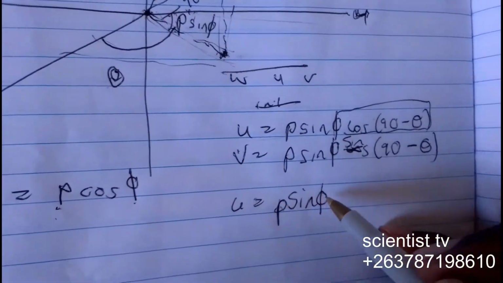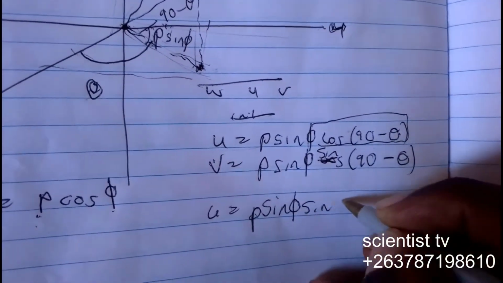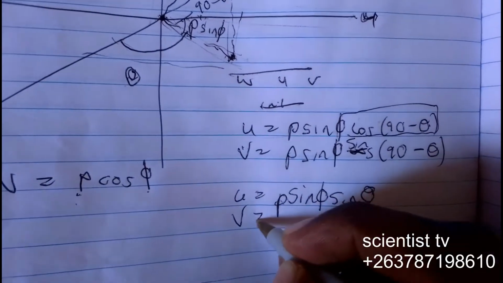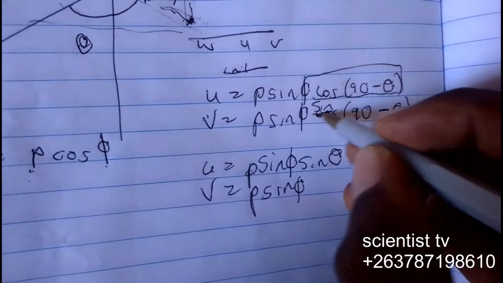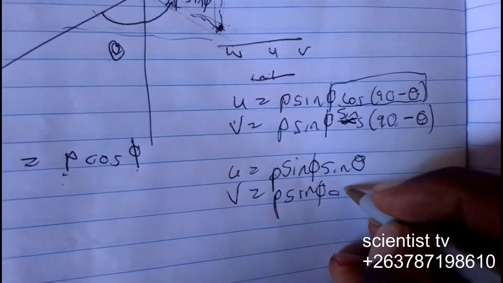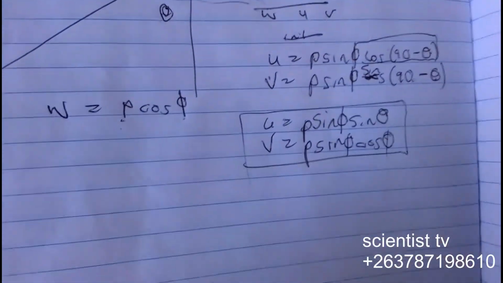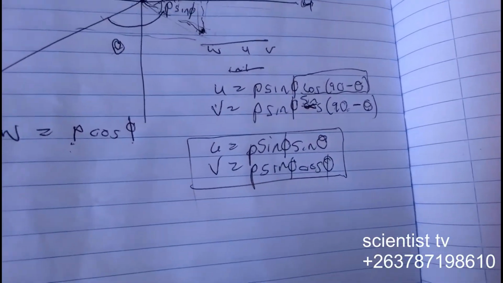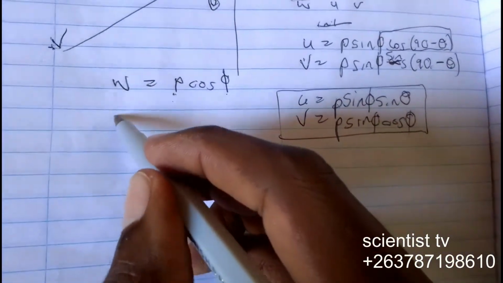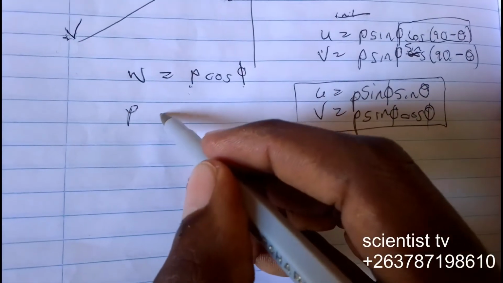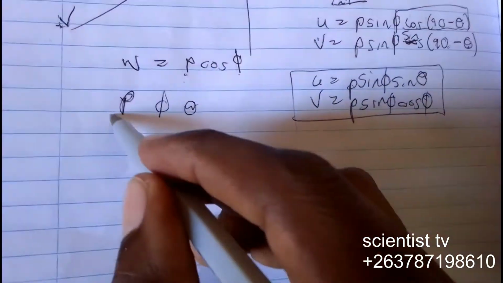So it's rho sine phi cos of 90 minus theta, which becomes sine theta, and v is equal to rho sine phi sine of 90 minus theta, which becomes cos theta. Now we have these substitutions. You can go using Jacobians in terms of rho, phi and theta.